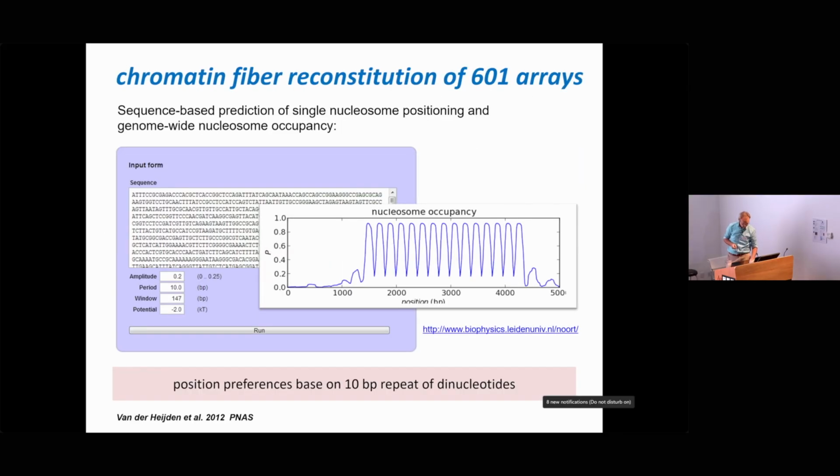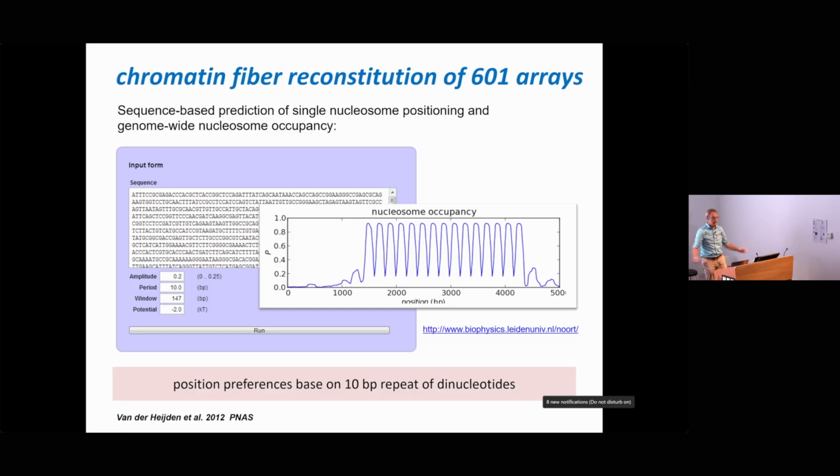So what I didn't tell you for these data is that we can control the locations of these nucleosomes on the DNA perfectly with one base pair accuracy by using a special sequence, the Widom 601 sequence, and just making arrays of these. Okay?